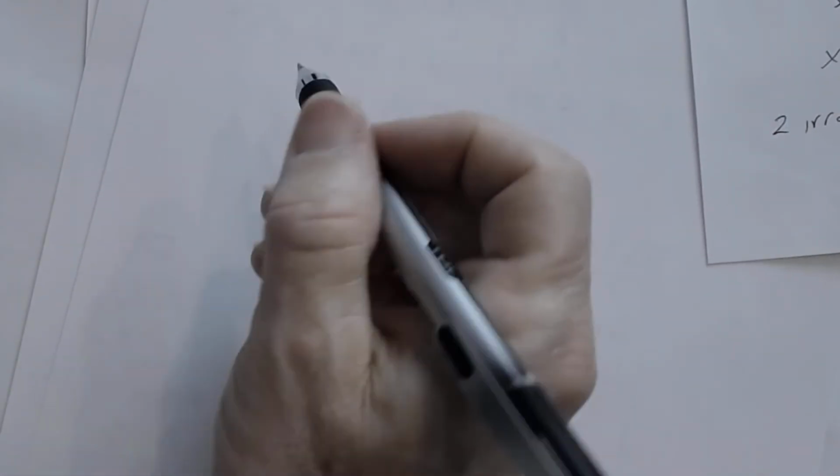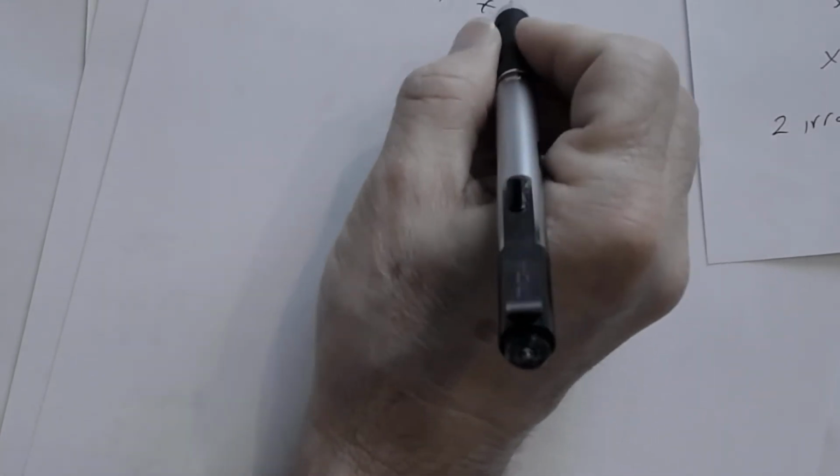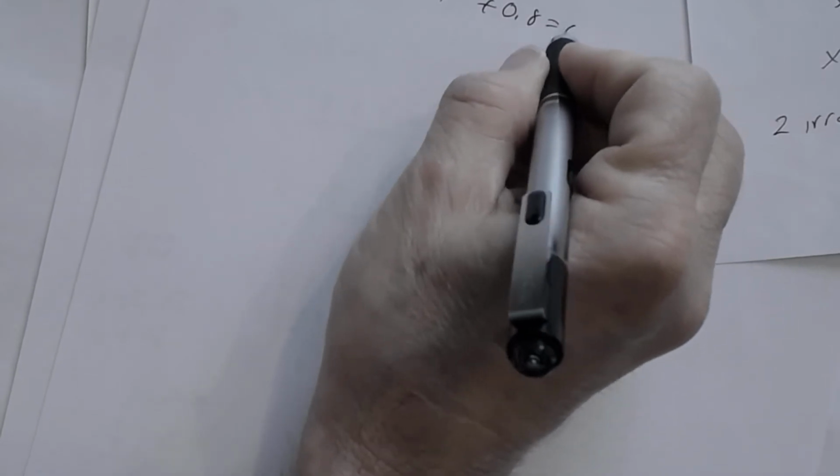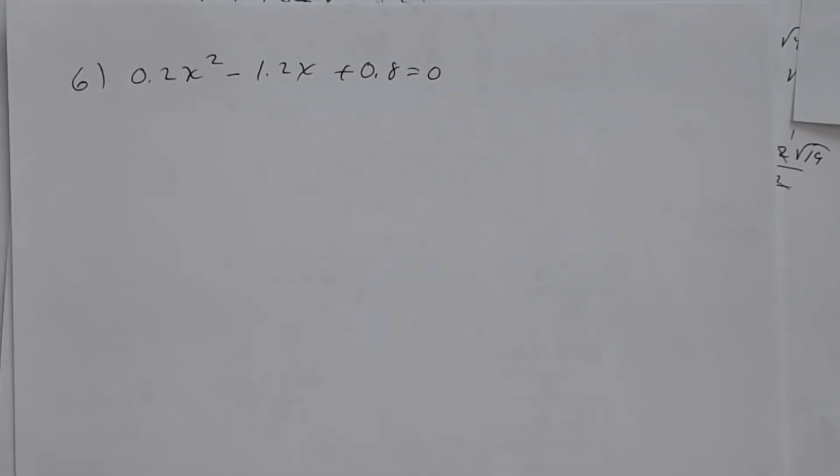Okay? So when we look at number 6, first of all, let me write down number 6. So here's number 6: 0.2x squared minus 1.2x plus 0.8 equals 0.